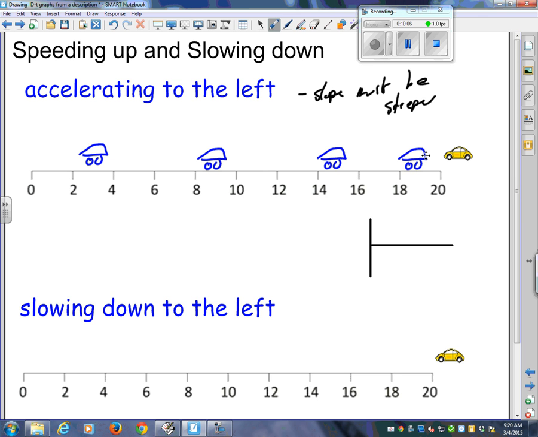No. These are all positive values, so where is it starting? It's starting in the positive. That's why I moved that down. And it's speeding up, getting steeper. If your neighbor did that, give them a congratulations. That's for accelerating to the left.